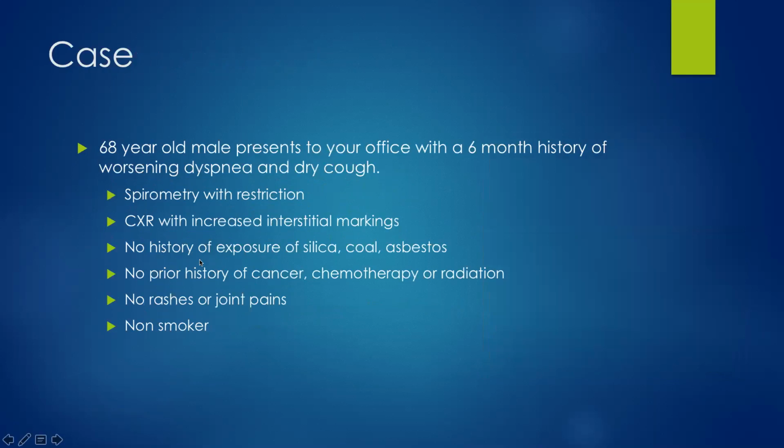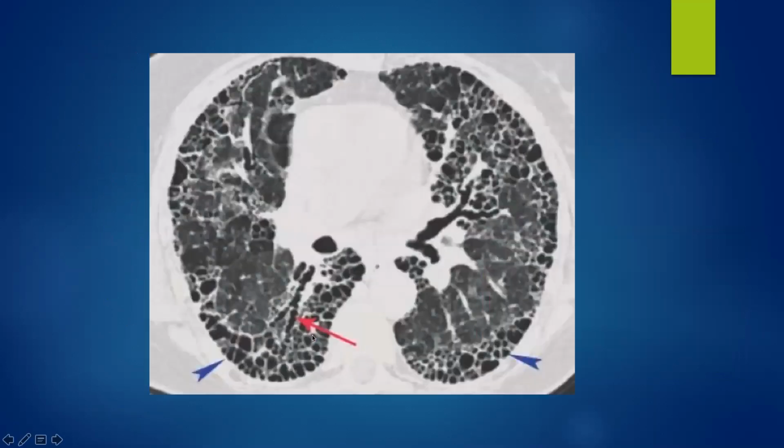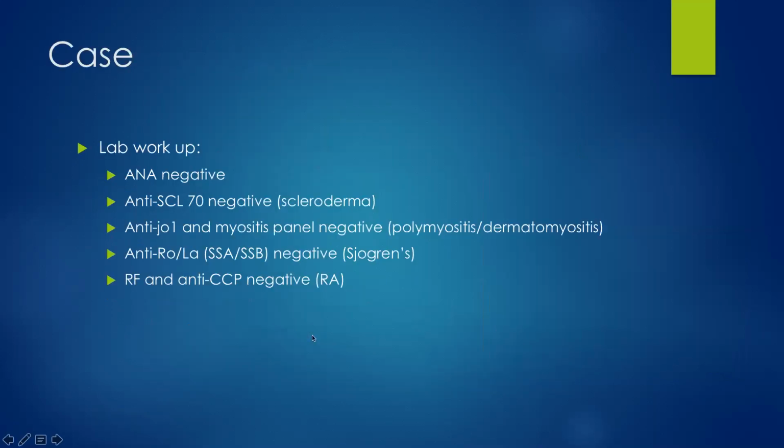So our original guy, 68-year-old, short of breath for 6 months with a dry cough. He's got no exposures to any of that stuff, no history of cancer, chemotherapy, no rashes, is a non-smoker. This is his CT, typical. All of his lab tests, so ANA, this is the stuff I send off all the time: ANA, SCL70, Jo-1, myositis panel, Ro, La, that's for Sjogren's, RF and anti-CCP.